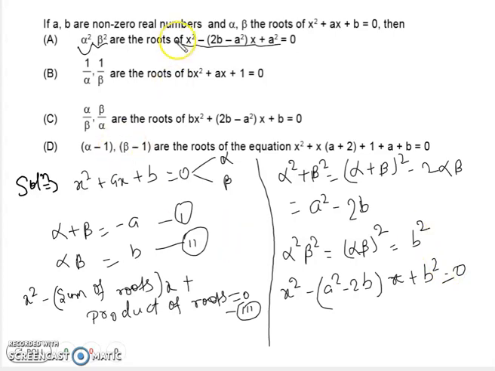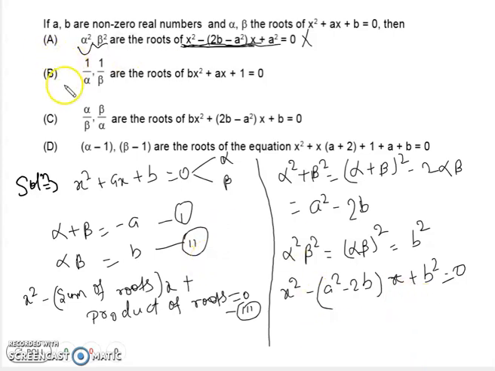So you can say that this option is incorrect because this equation is not equal to the given equation. So alpha square and beta square are not the roots of the given equation, right?